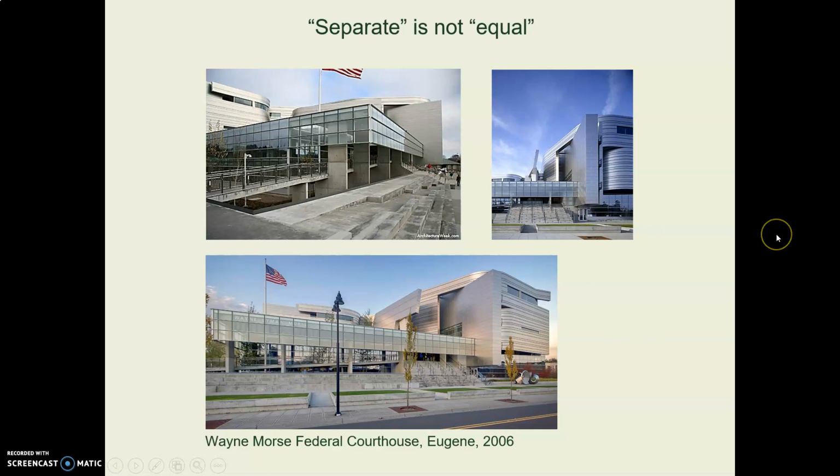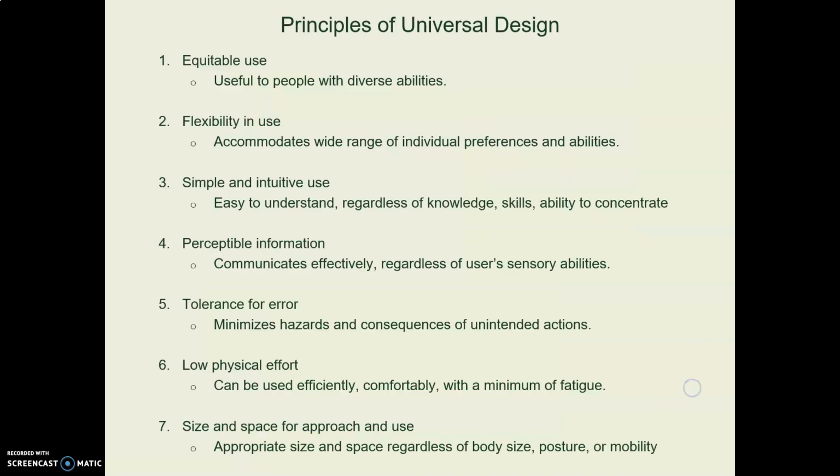This idea, separate is not equal, was a basic civil rights principle that was first articulated in the Supreme Court decision Brown versus Board of Education in 1954. Separate is not equal. And so when we're doing universal design, we are looking for ways to let everyone use the same entrance and the same facility the same way.